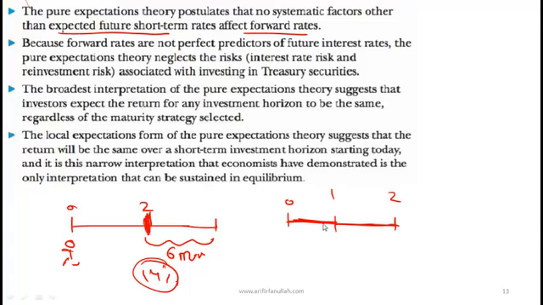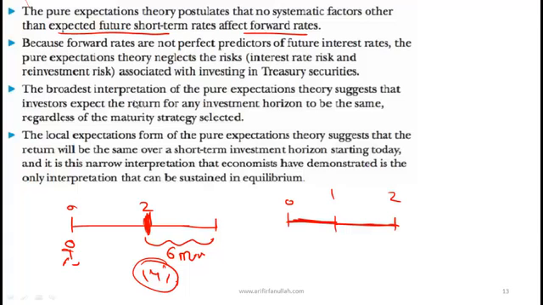Even if you go to a 20-year horizon, according to the broadest interpretation, if you either buy a 20-year bond or buy a 1-year bond and then roll over to another 1-year bond 20 times, your expected return is the same.